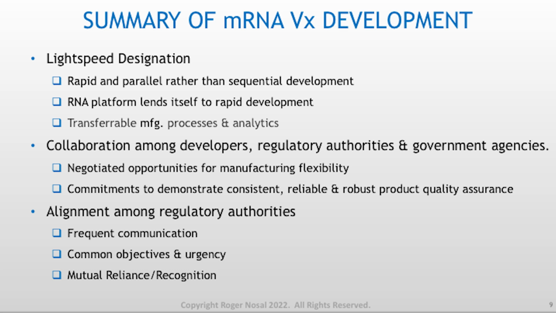I remember a conversation I had with the head of the Brazilian agency, Anvisa, where he said, Roger, I know you guys have gotten good results and approvals or authorizations from the US and Europe. We would like to get the vaccine in Brazil. Our laws are prohibitive and don't allow us to get it in the way that you have been able to get it in the US and Europe, but I can use a mutually reliant or recognized approach by saying that the US and Europe have approved it, and if we have all that data, we can have it approved and distributed within a matter of weeks.